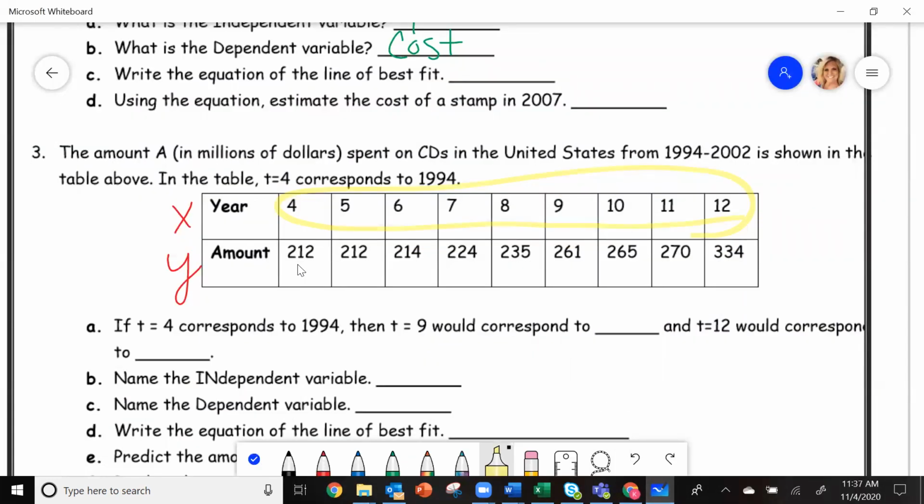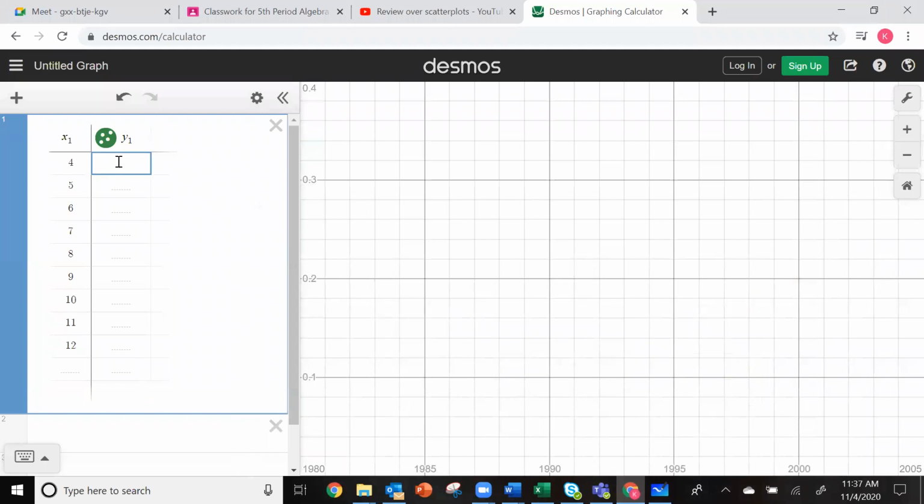Then you're going to do these numbers down here for the Y values. So I've got 212, 212, 214. Let's do that: click up here, 212, enter, 212, enter, 214. And yes, you can have numbers repeat. That is fine.